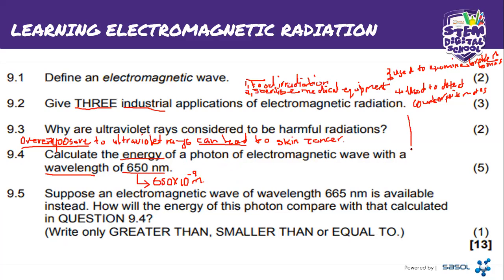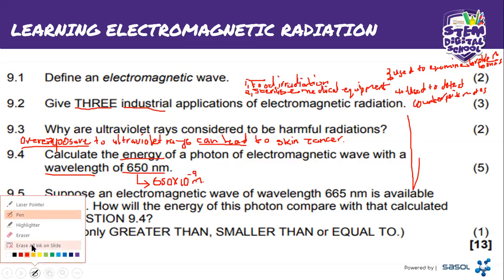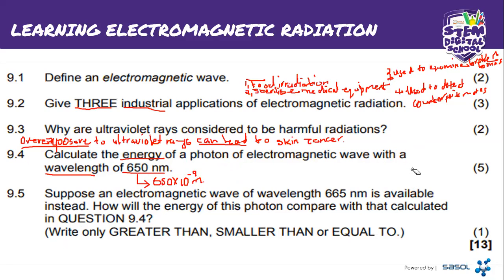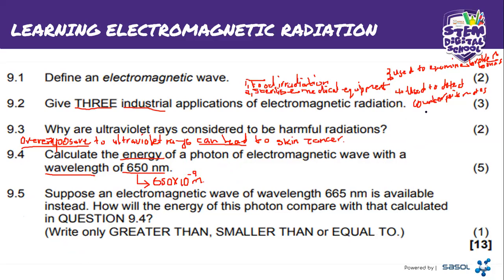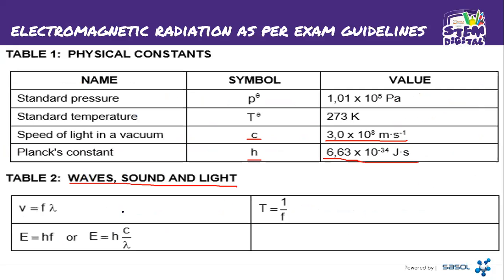So let us perform question 9.4 there. Let us get a nicely different color. We have two options in a formula, or formulae rather.